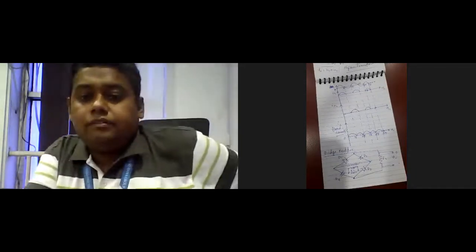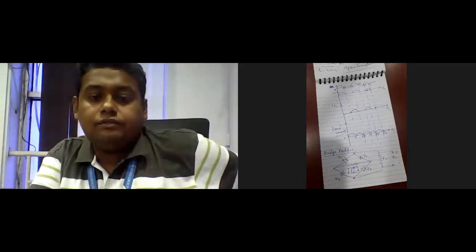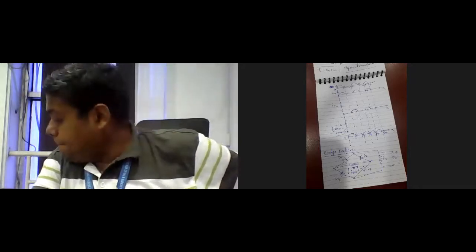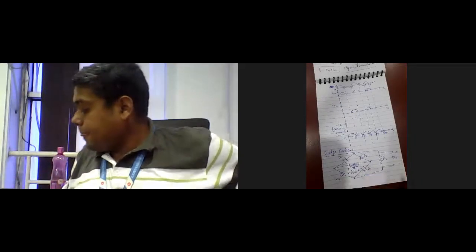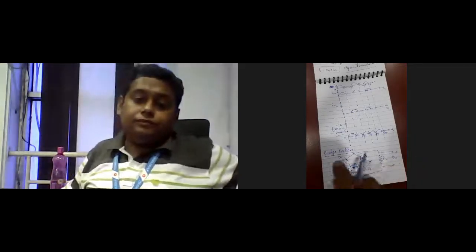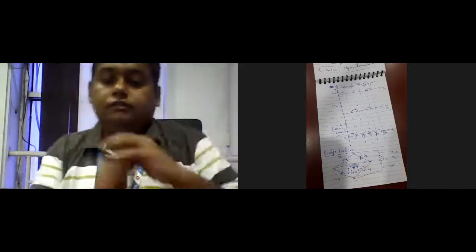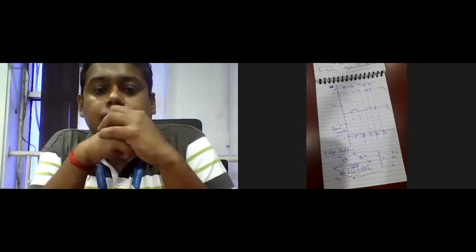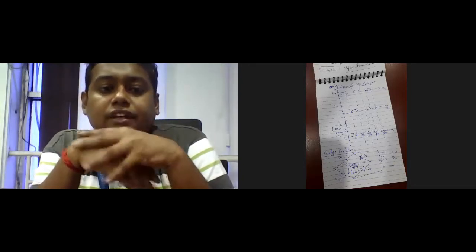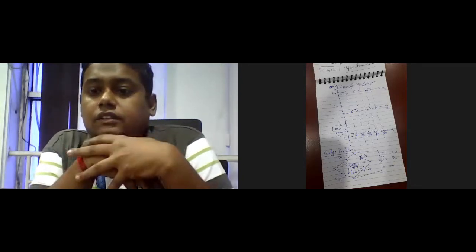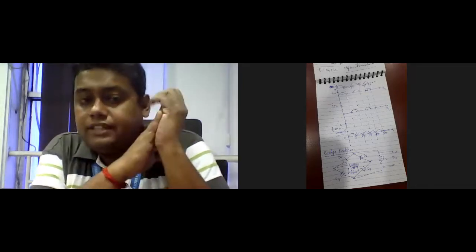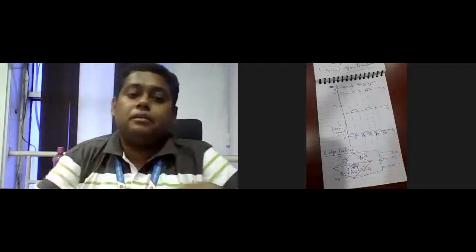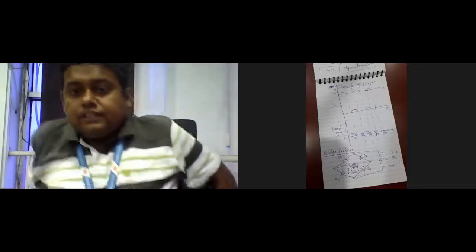Similarly, just draw this one. Is the drawing complete for the bridge rectifier? Please draw the bridge rectifier circuit and please let me know. I am just waiting over here.